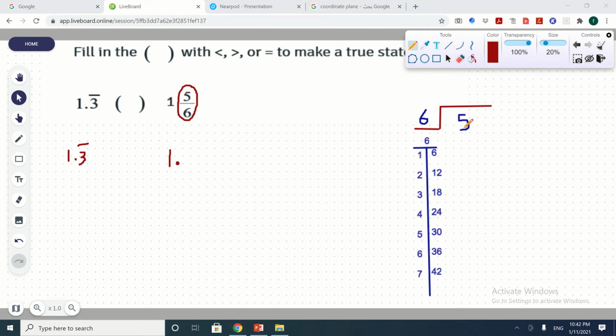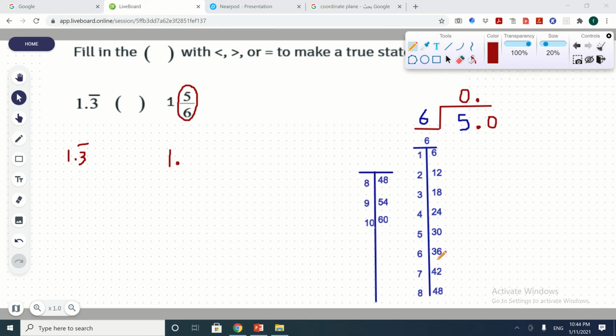I will divide here and I will write the times table of 6. 5 divided by 6, we cannot, we will put 0. We will put a point here and we will bring it up. Add 0. 50.